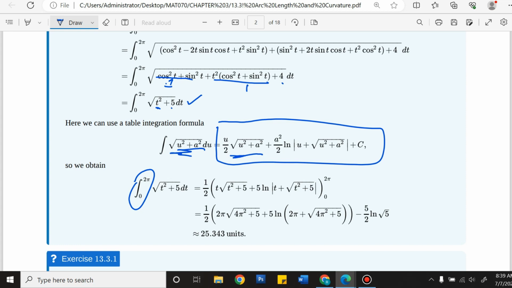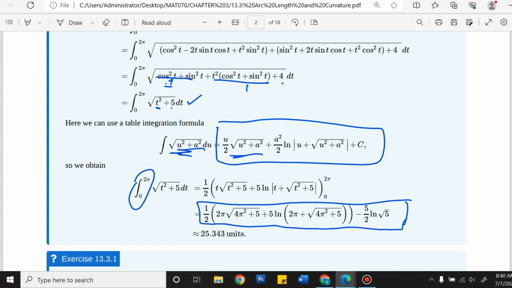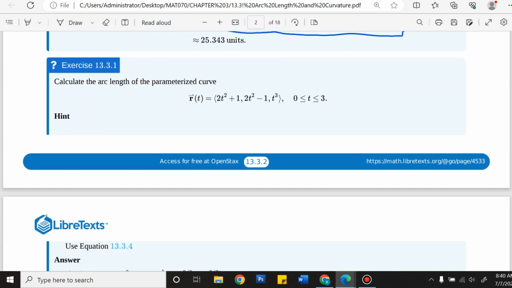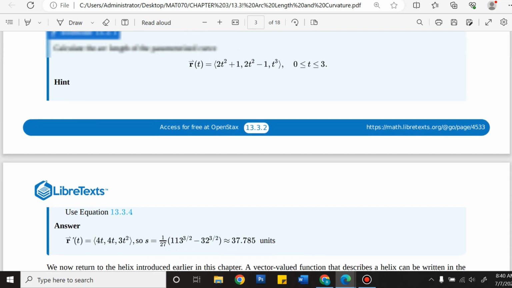So, direct substitution, then we subtract. We will have this value. Since you are not allowed to use a calculator, this will be your final answer.